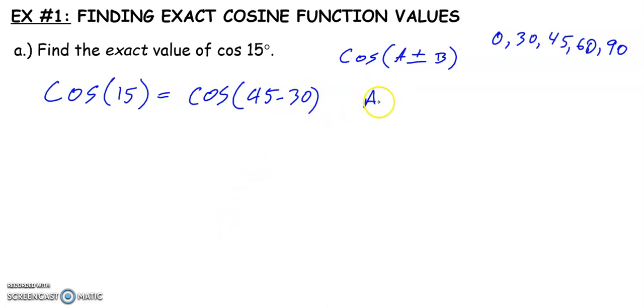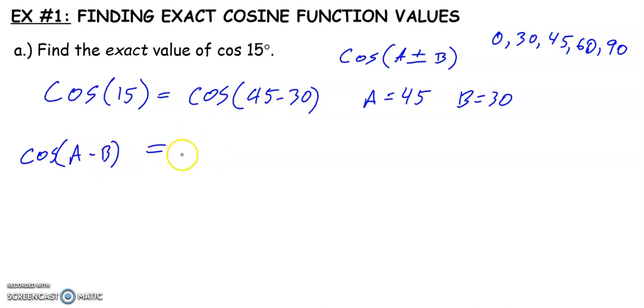That lets me know my a value is going to be 45 and my b value is 30. So when we do our cosine function, since I'm doing the cosine of a minus b, the identity I am going to use is cosine a times cosine b. This is a minus, so I'm going to use a plus, not cosine again, sine.